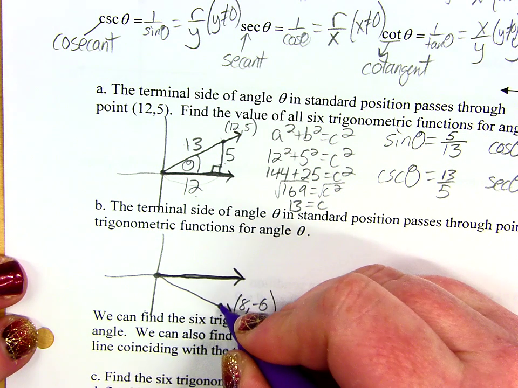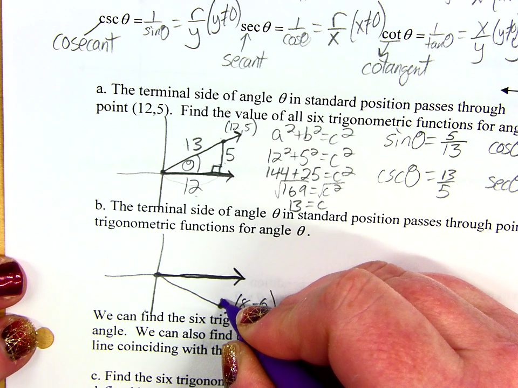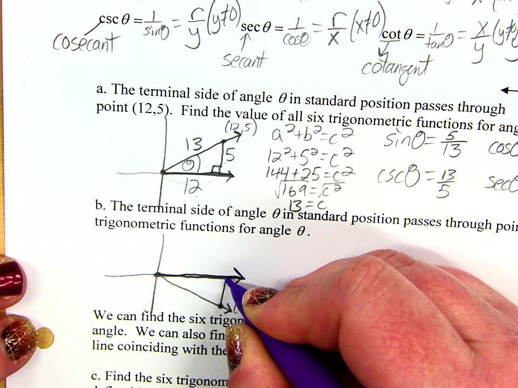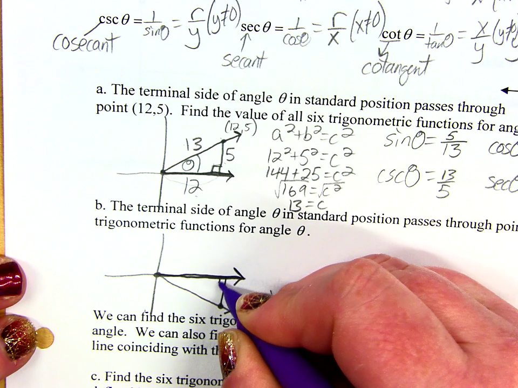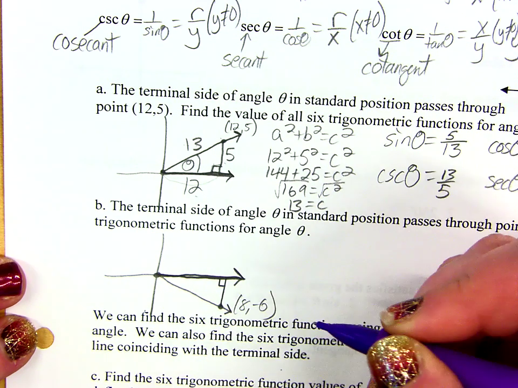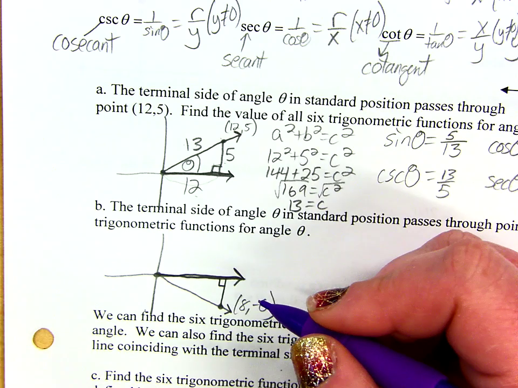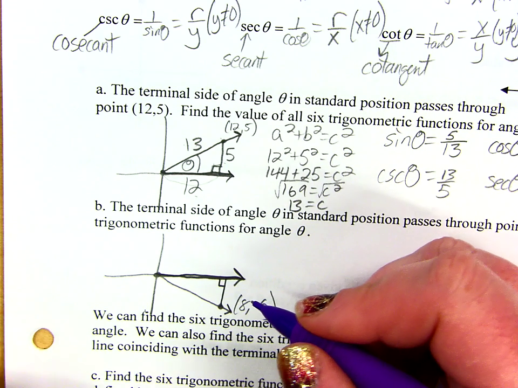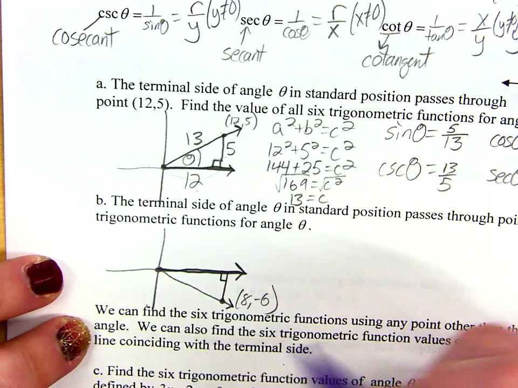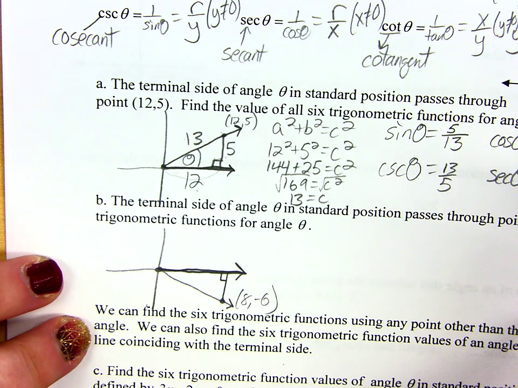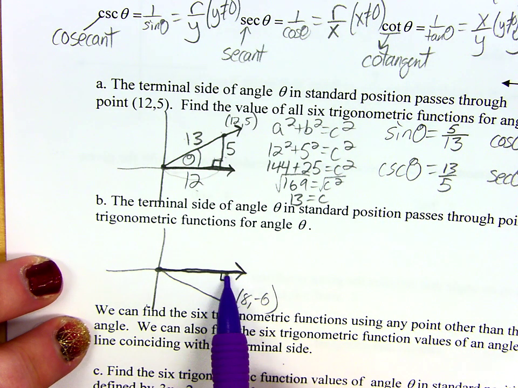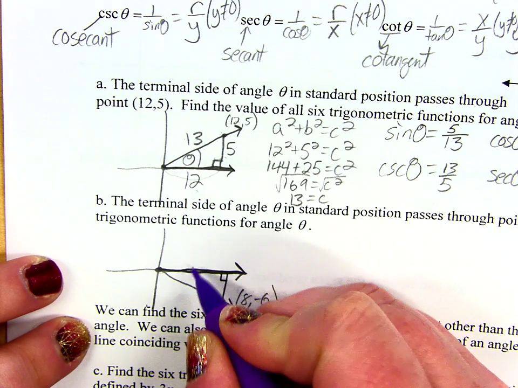Okay, so I'm going to drop a perpendicular to the x-axis. So this time it's going this way. Okay, you with me so far? What is my horizontal distance? 8.